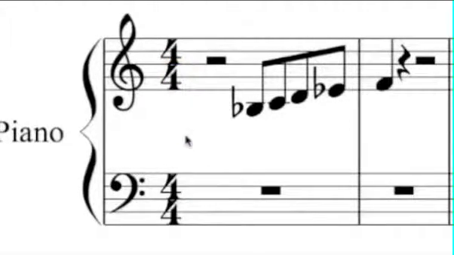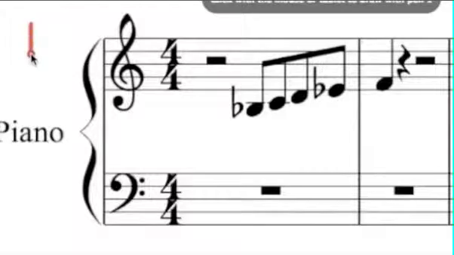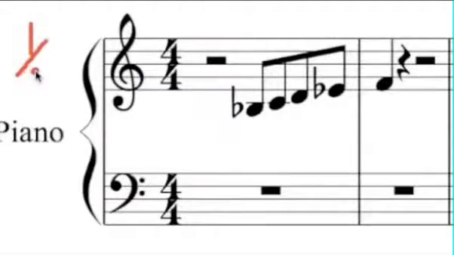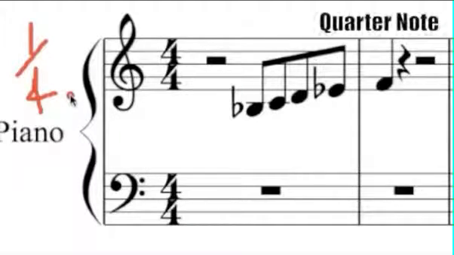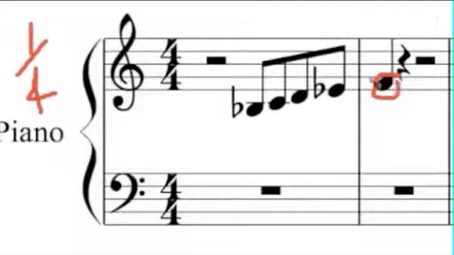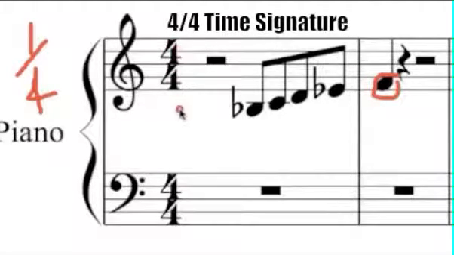That's the question. Well, we know that in fractions, if you see 1 over 4, that is a quarter. And remember we said that a quarter note, which is this one right here, can be represented to have 1 beat when you're dealing in 4/4 time signature, which this is the time signature.